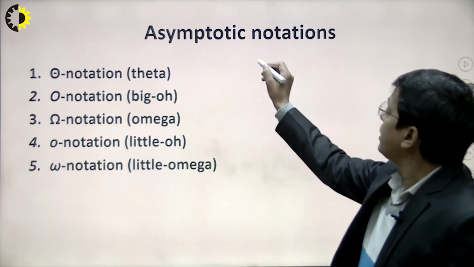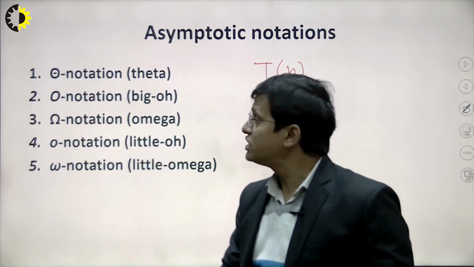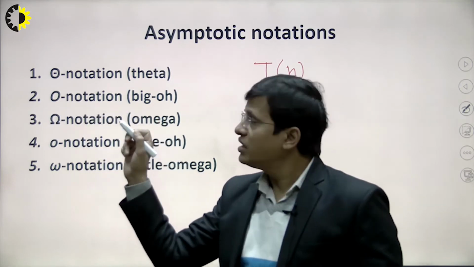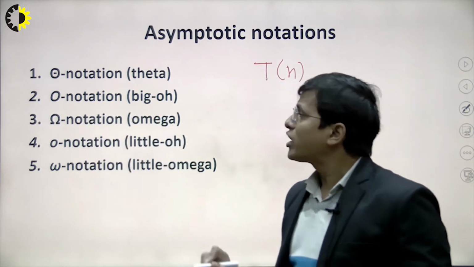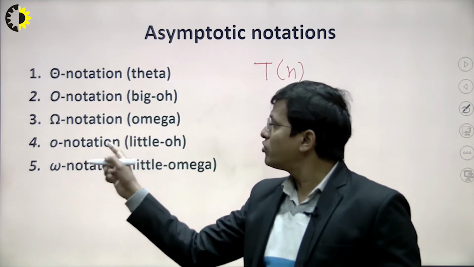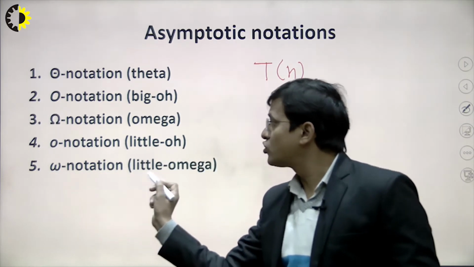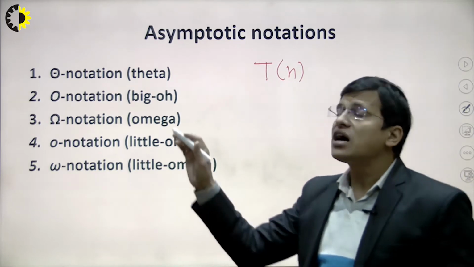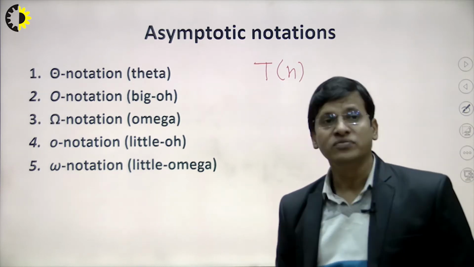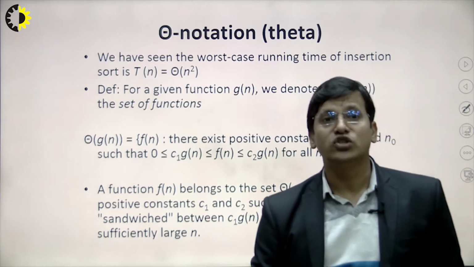These notations are: the first is theta notation, the second is big O notation, the third is big omega notation, then small o notation, and small omega notation, also called little omega notation. So these are the 5 notations we use to denote the order of the function, right? Now we see one by one these notations and their definitions.